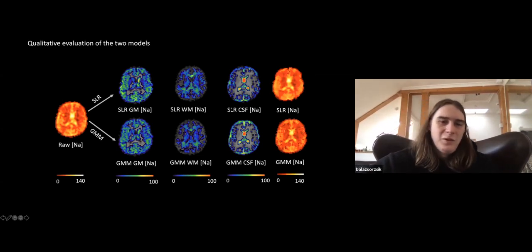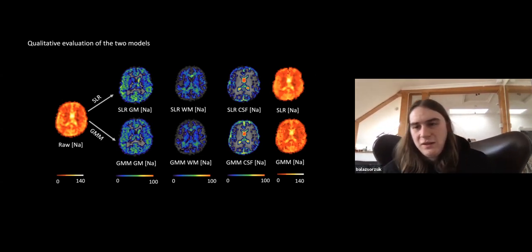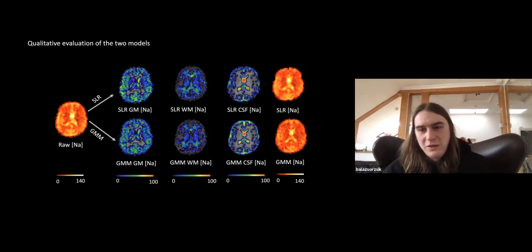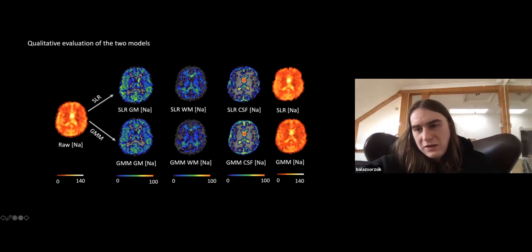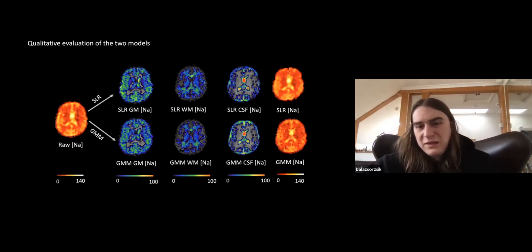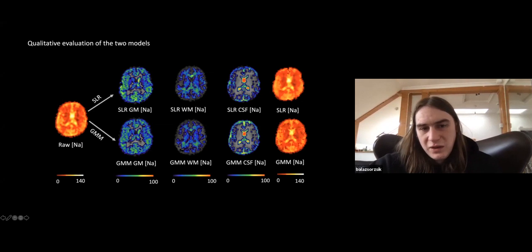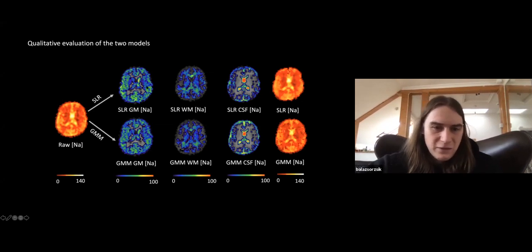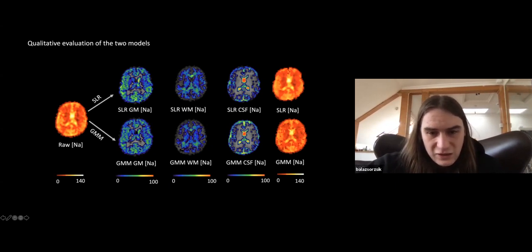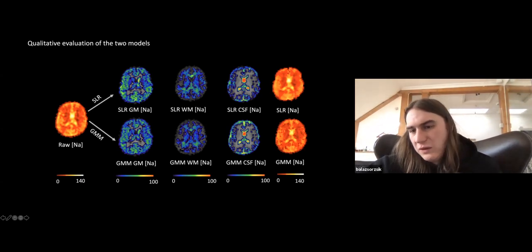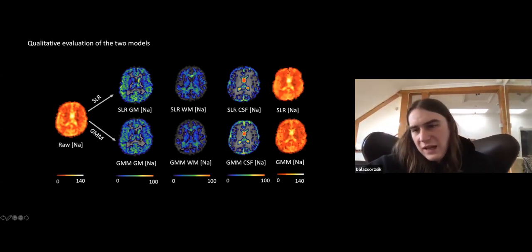So one way to qualitatively check whether the algorithm did what it meant to do is to look at how uniform the maps are, because in theory, if the sodium concentration in gray matter is constant, then we should achieve a uniform map. And just by qualitative visual inspection, we can see that the GMM maps in all of these seem more uniform than the SLR.